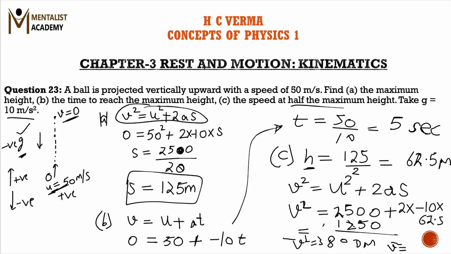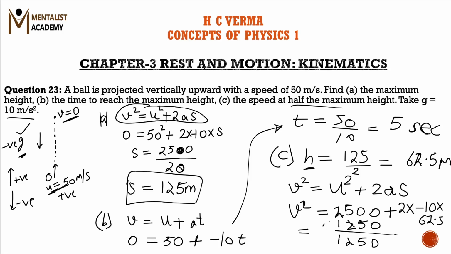Sorry, we have to subtract the value. This is minus 10, so this won't be 3800. It would be equal to 2500 minus 1250, which would be 1250. This is minus 1250 actually.